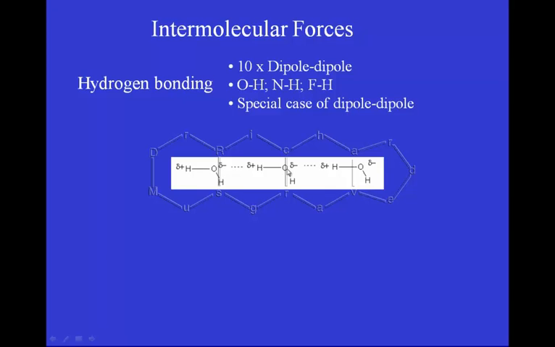So this distance between the H and the O will be fairly small, resulting in a fairly strong intermolecular bond between these two. As I said, these are 10 times stronger than dipole-dipole forces, which makes them 100 times stronger than van der Waals type forces.